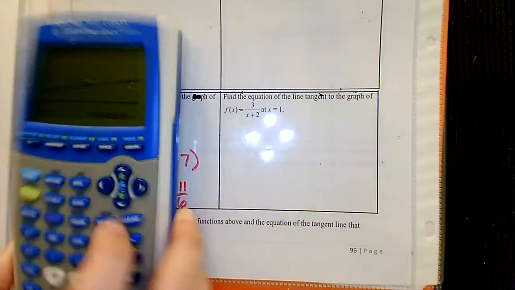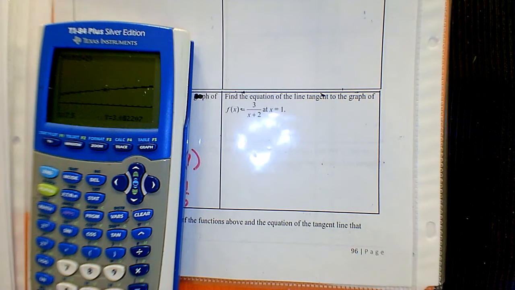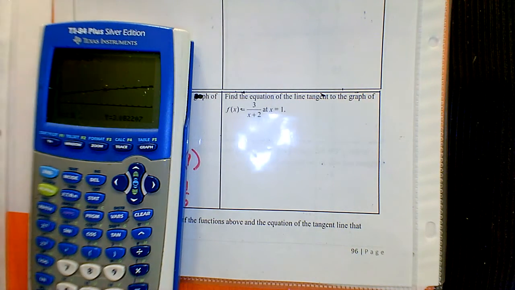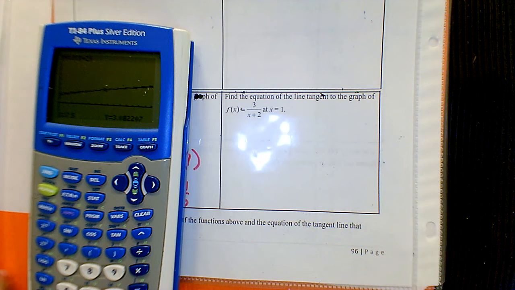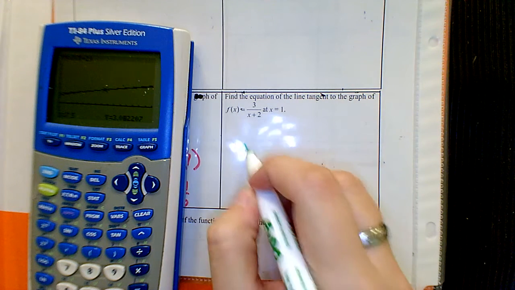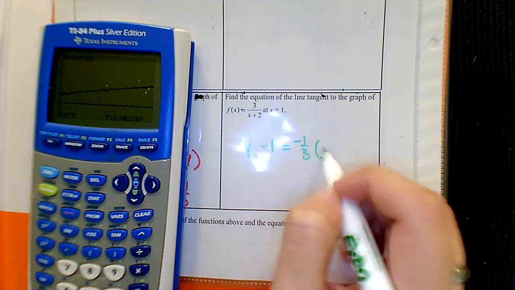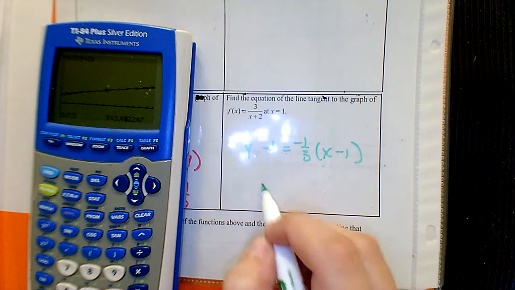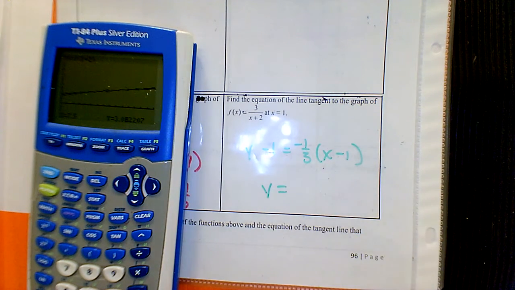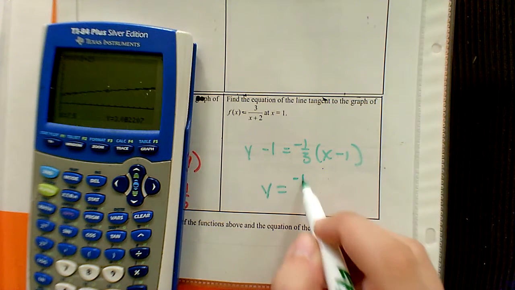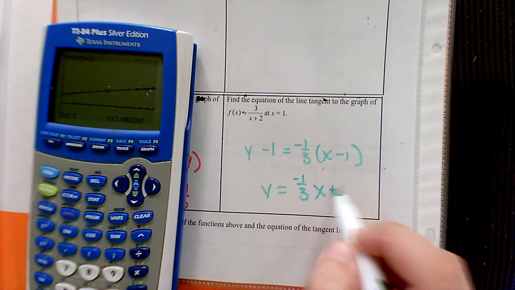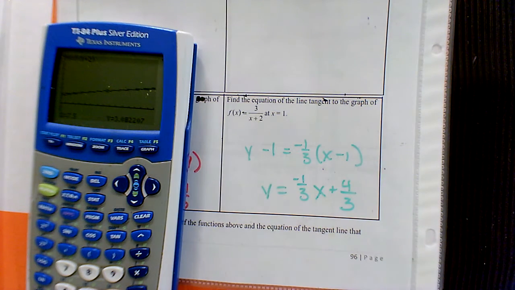Okay, maybe this one will be a better example. Let's go ahead and try that one. Our equation from yesterday was y minus 1 equals negative 1/3 times x minus 1. If you change that into slope-intercept form, distribute in the slope and move over the point.